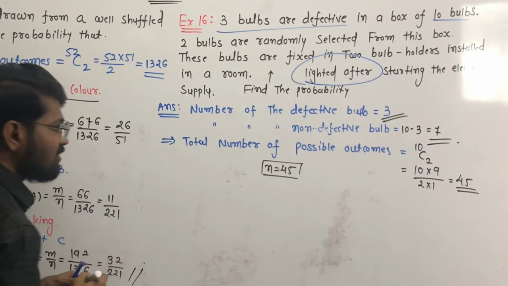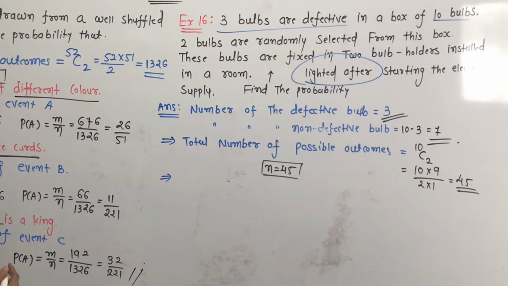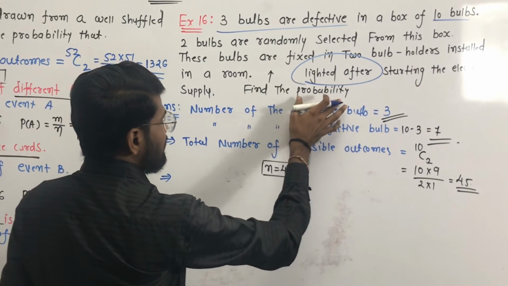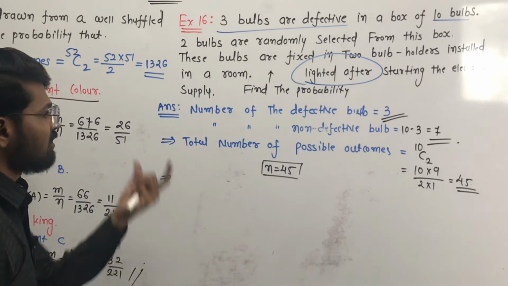Now we have to find the total number of favorable outcomes. Our event E is that the room is lighted after starting the electric supply. Okay, clear?